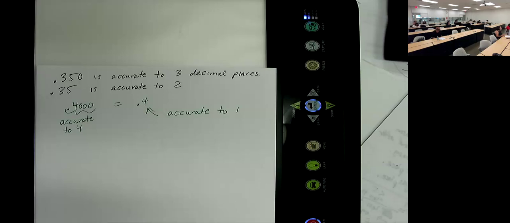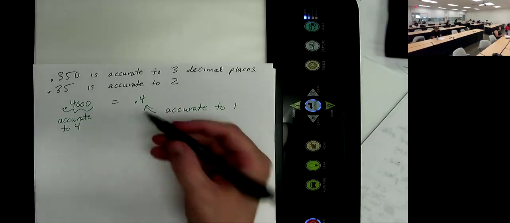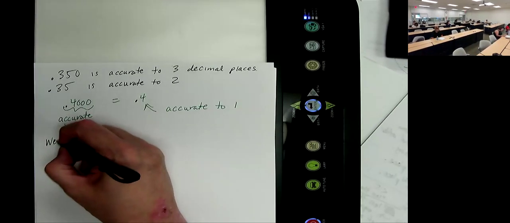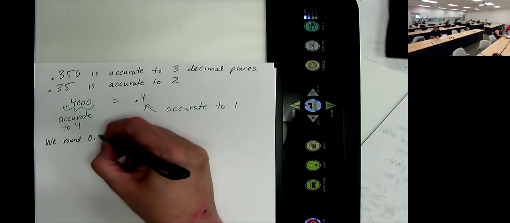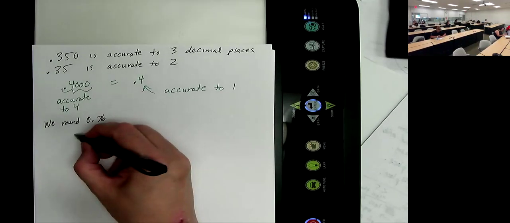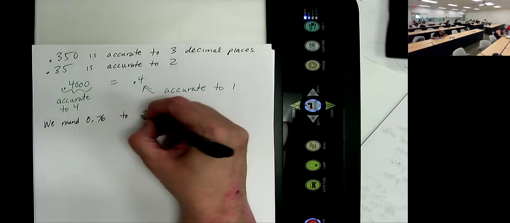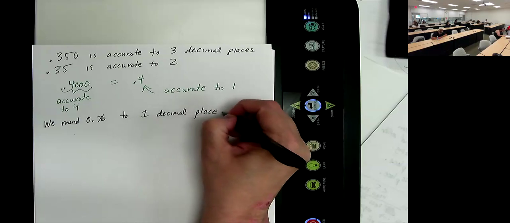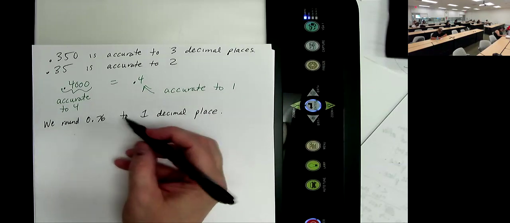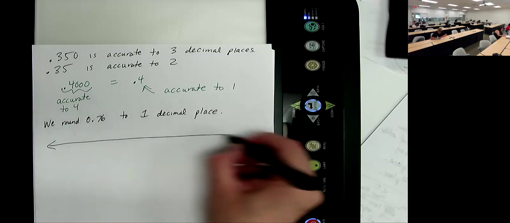If you want to see visually what's going on when we round, let's say we round 0.76 to 1 decimal place. Poorly drawn, but what's going on?